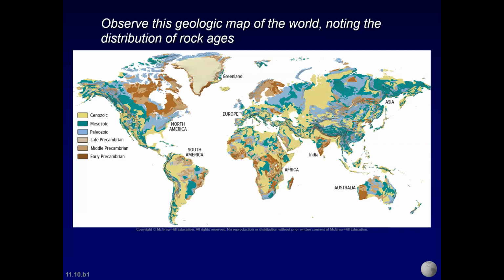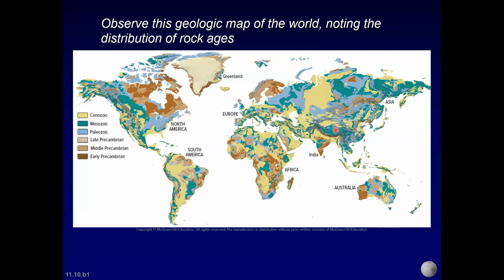Eastern and Southern Europe were added in the Paleozoic, Mesozoic, or Cenozoic. Most of Asia was assembled from terrains during the Paleozoic and Mesozoic, and Western Australia's got some really old rocks in the Precambrian. Eastern Australia was not formed until the Paleozoic.